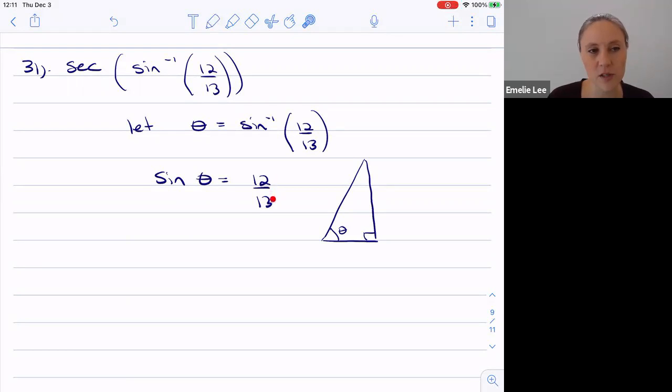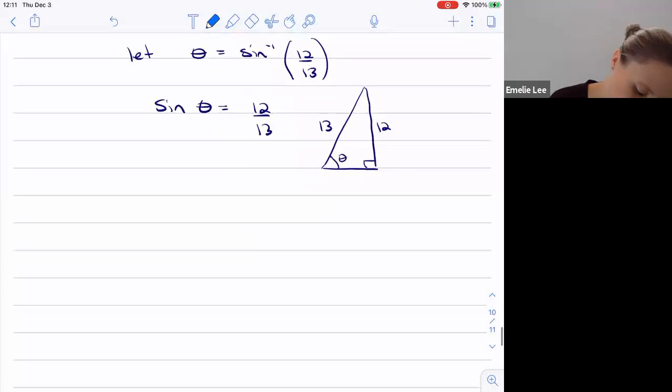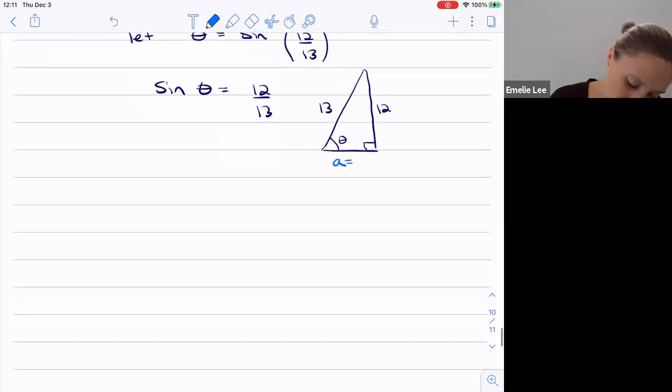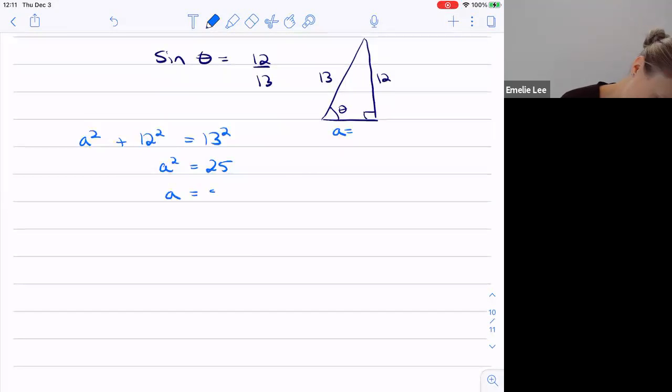Sine theta is 12 over 13, so the opposite over hypotenuse. And then I'm trying to solve for, let's call this side A, so I've got A squared plus 12 squared equals 13 squared. 13 squared is 169 minus 12 squared, so A squared is 25. So A must be 5.